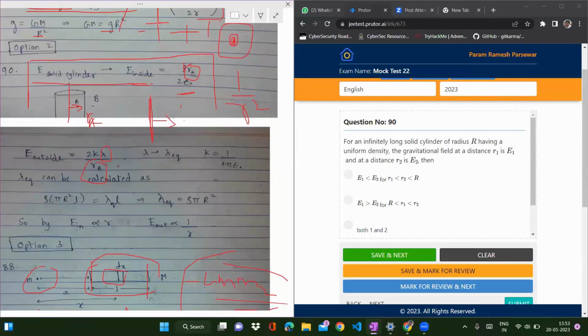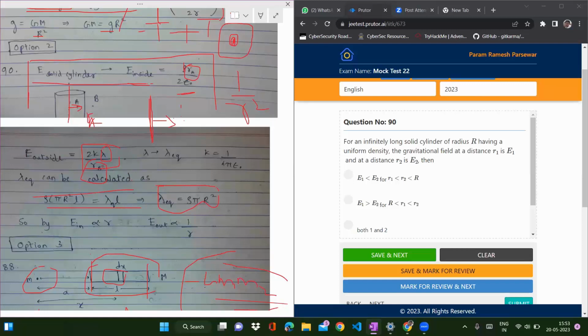Here we use this similarity, considering this solid cylinder to be an infinite line of charge, and we calculate the lambda equivalent by this relation: lambda equivalent into length will be the total charge, and rho, the charge density, into pi R square L, which is the volume of the solid cylinder. These charges will be equal. So from this lambda equivalent is calculated, and we have the relation for electric field.